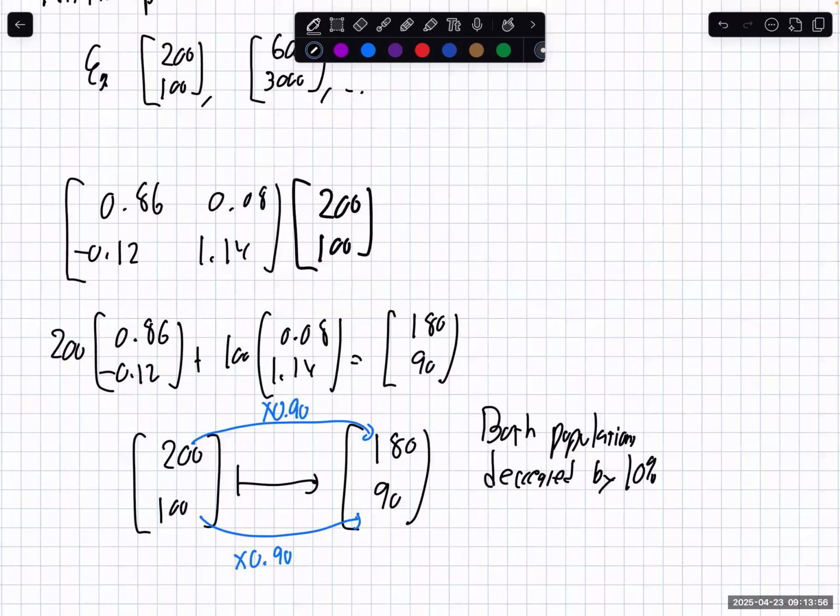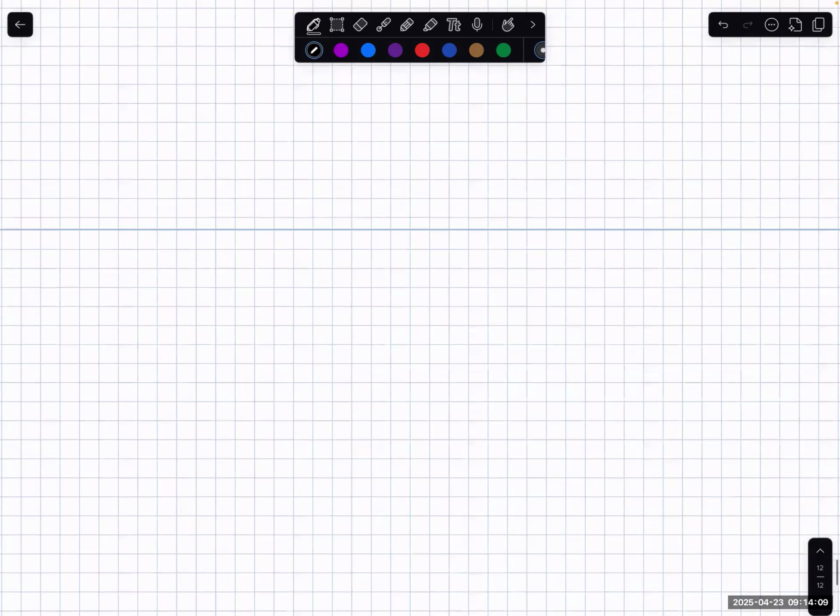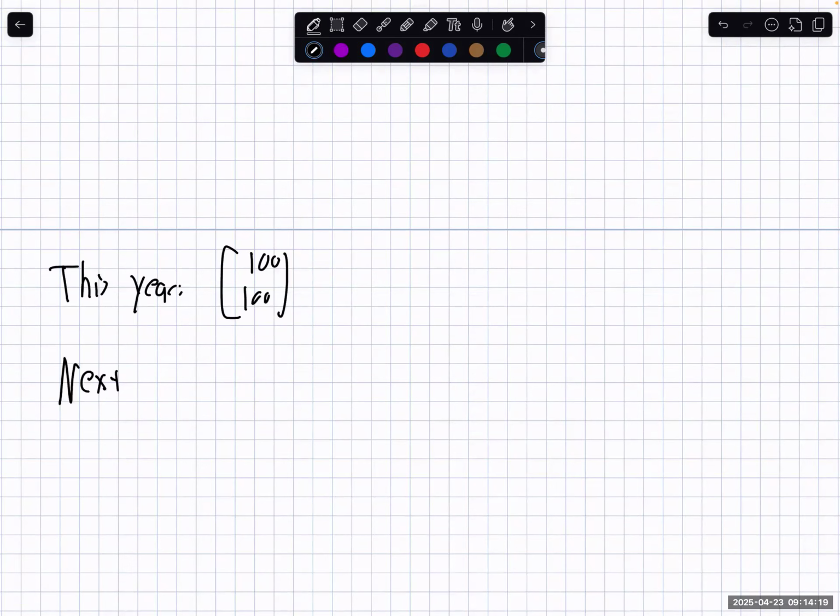So let me just show you what happens if it's not in one of the two special ratios. So imagine it's 100-100 this year.